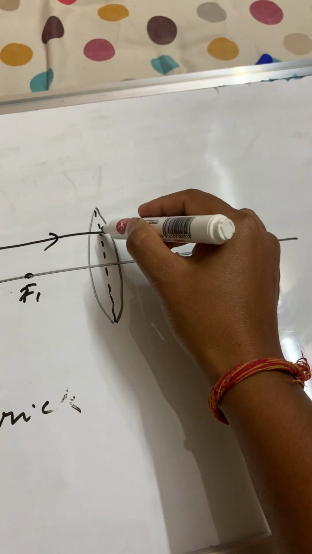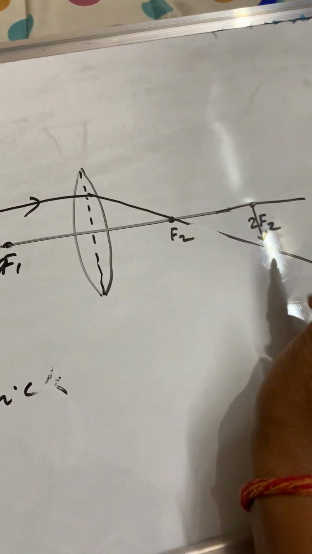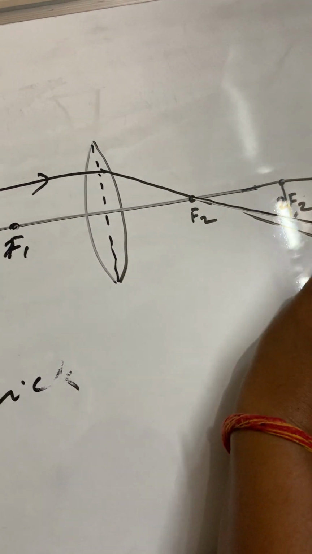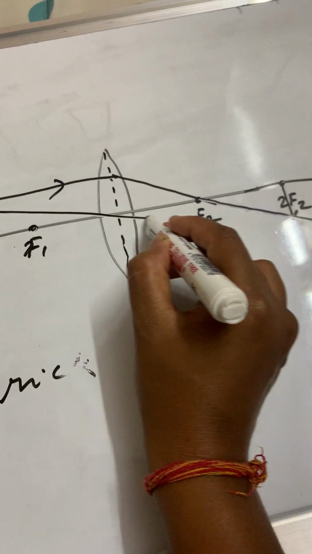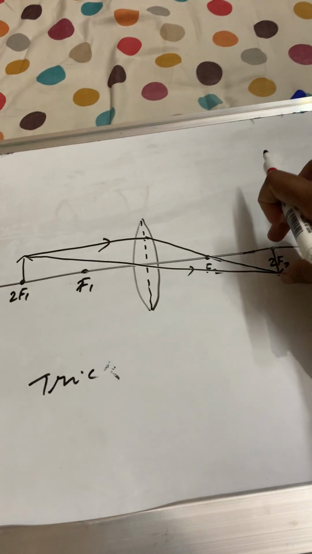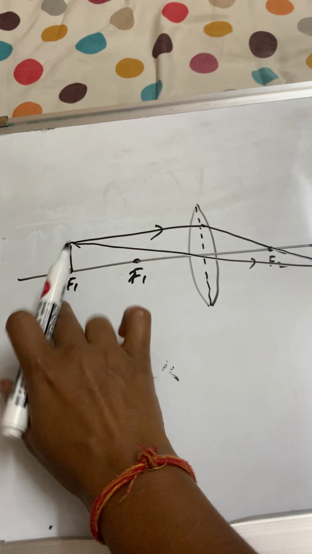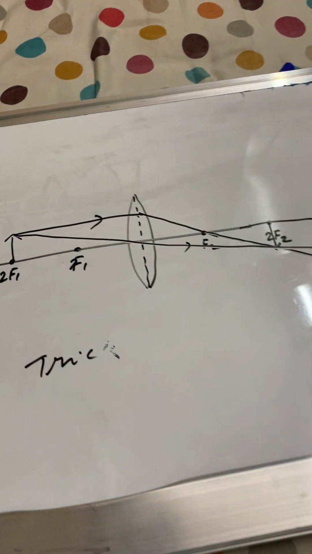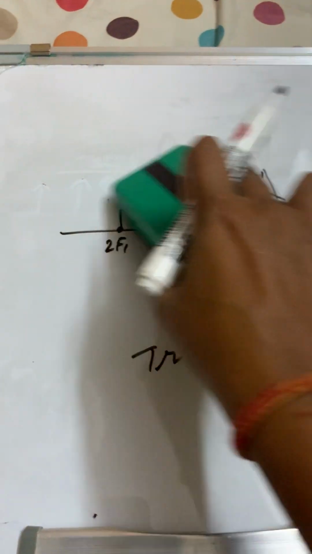From where should it pass? Oh, you have to adjust it, otherwise this way it will never come. You have to make it this way. So first make the image, thereafter you do it for the 2F1 position.